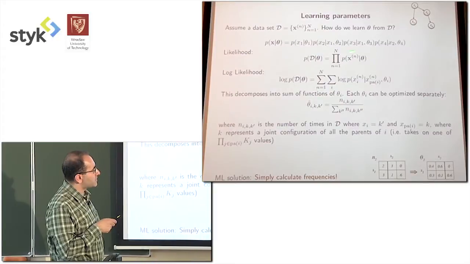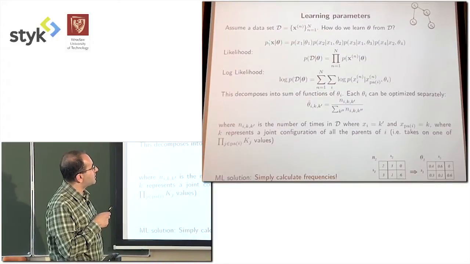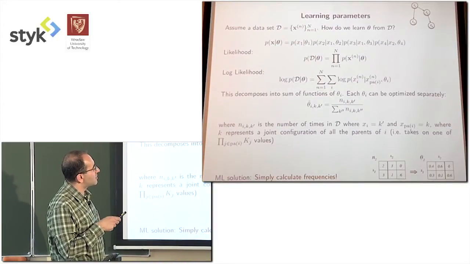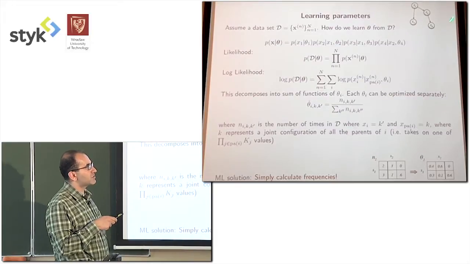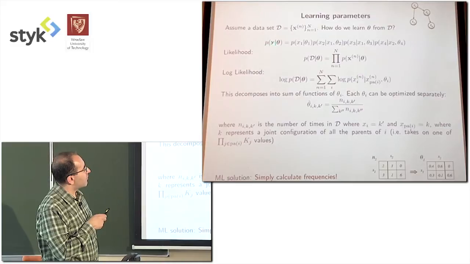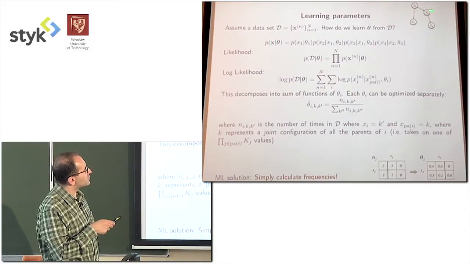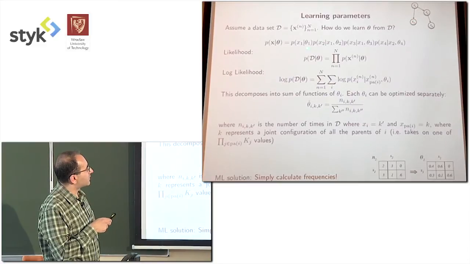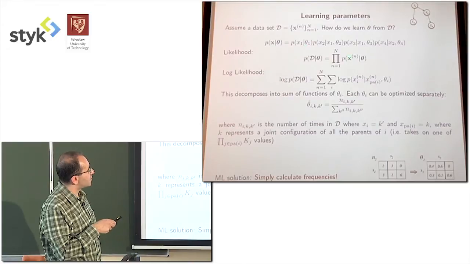Now, each one of these terms, in turn, is represented using the conditional independence structure of the graph. So the distribution of all the variables here, x1, x2, x3, x4, factors in a particular way, and we can plug that factorization in here.